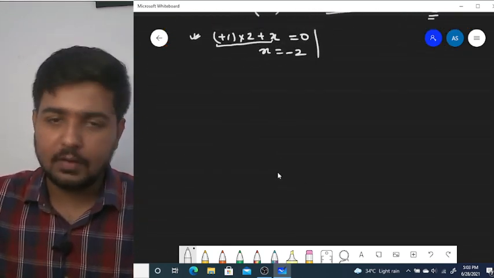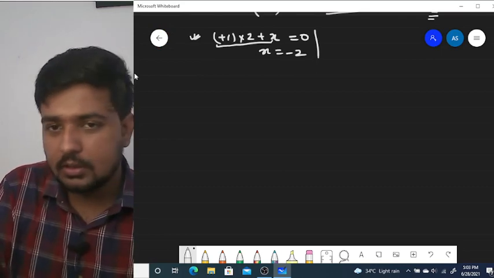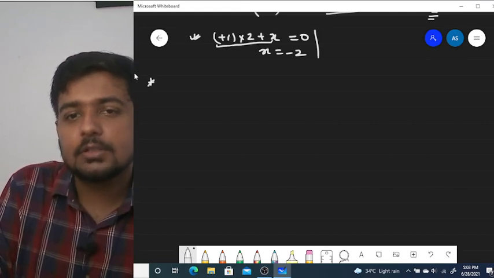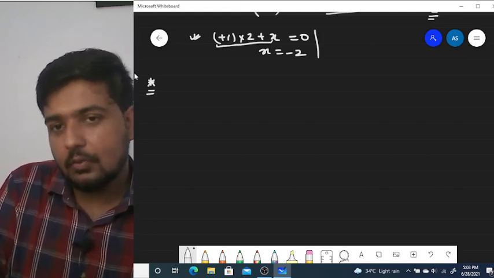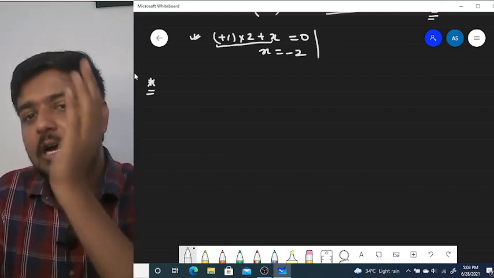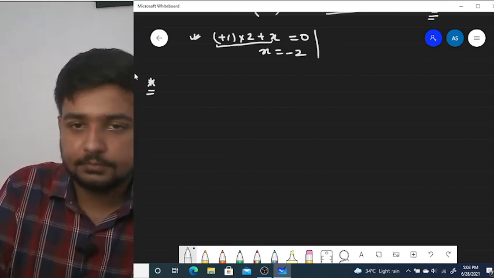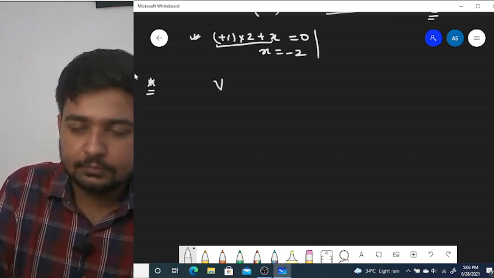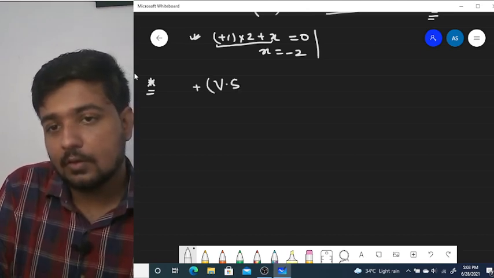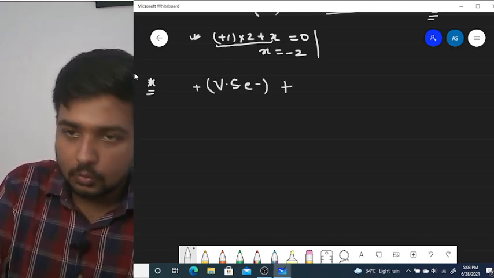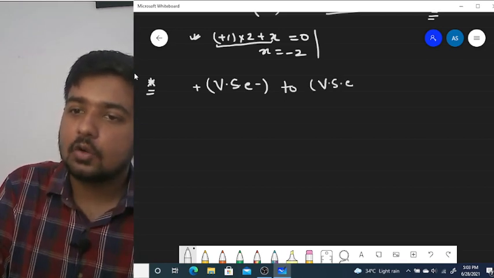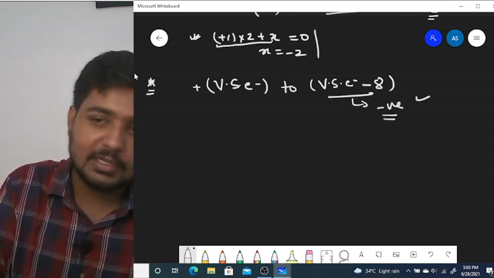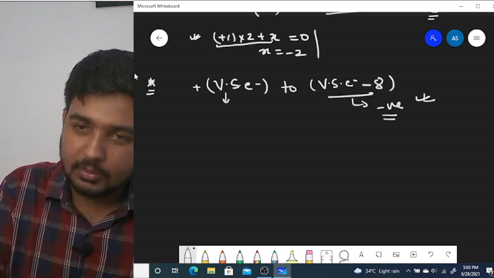This is another rule: what are the ranges from where the oxidation number starts and where it ends for every element? It will start from its valence shell electrons with a positive sign, valence shell electrons minus 8, where it automatically comes out negative.